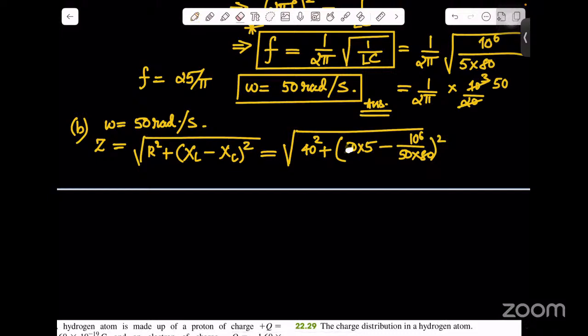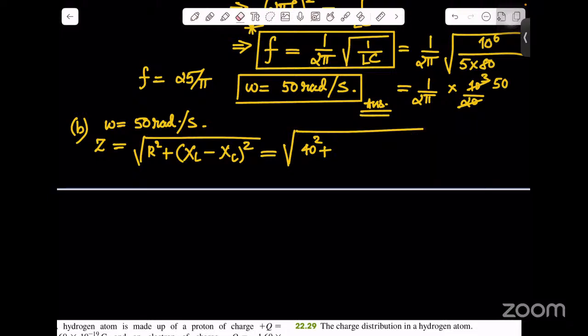So this will be 50 into 5, 250. And this, the zeros cancel and 8 5s are 40, so it is 1000 over 4, which is 250 again, right? So this again turns out to be 0.